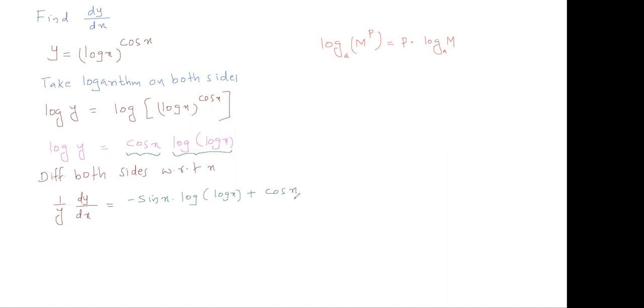It is of the form log x whose derivative is 1 by x, so it is 1 by log x, but x was replaced by log x, so multiply by its derivative, so into 1 by x.